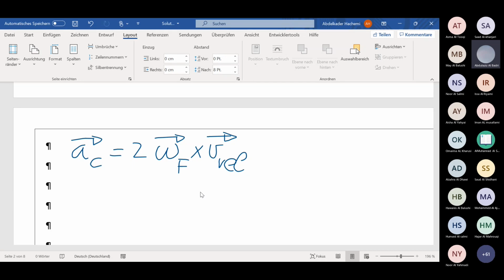In our case, the frame angular velocity is only omega 1, which means we have 2 omega 1 cross V relative.